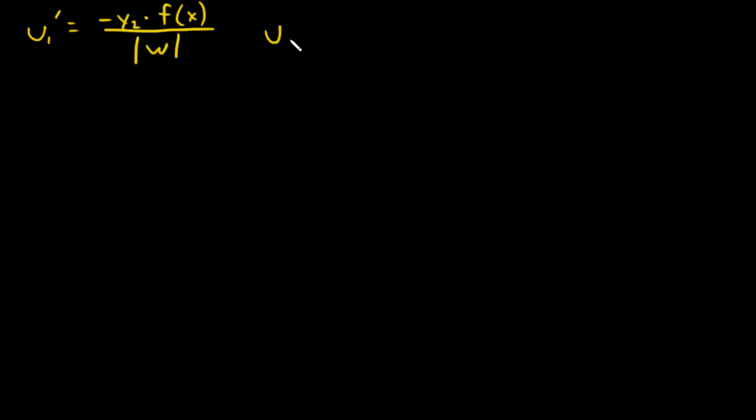And then u2 prime was equal to y1 times f of x divided by the Wronskian. All right, that's all we need. Now let's work an example.